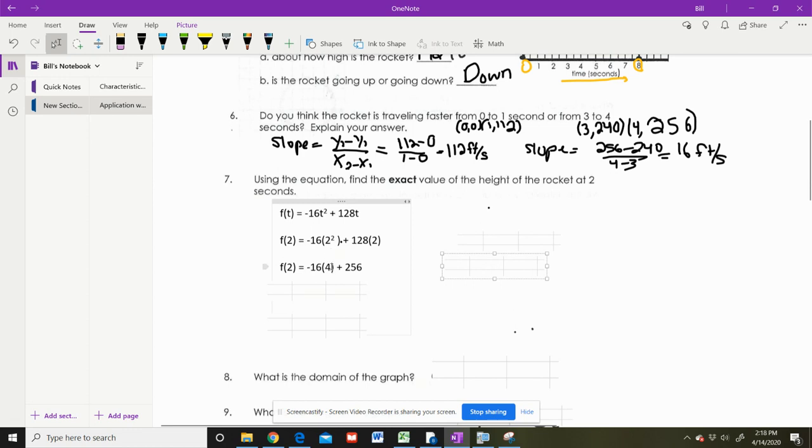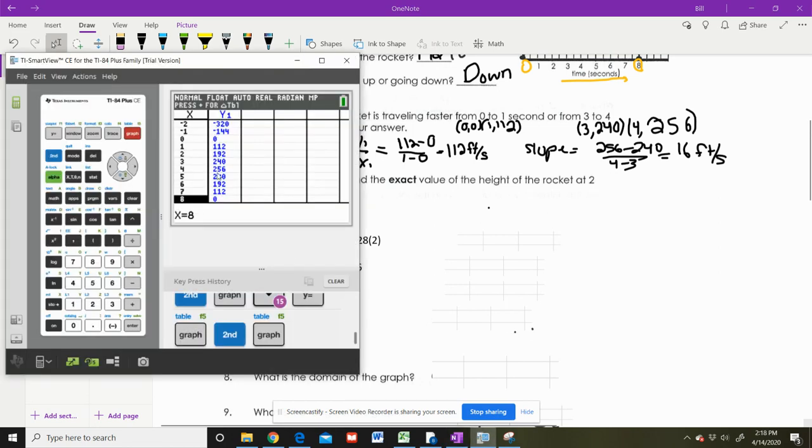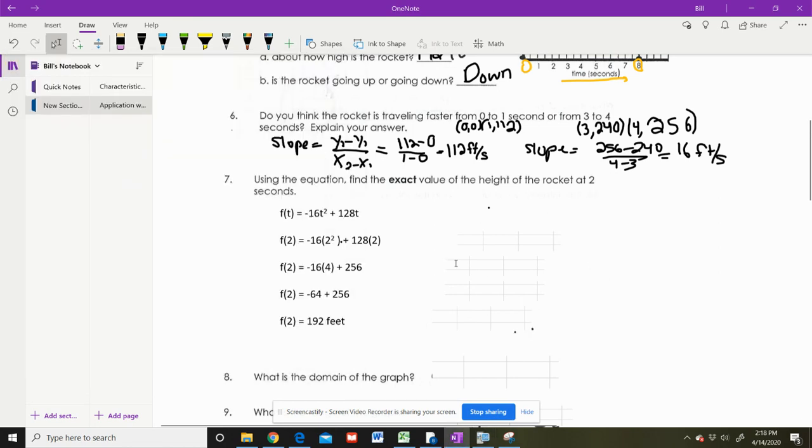So we're going to have negative 16 times 4 plus 128 times 2 is 256. And when we do that, negative 16 times 4 gives us negative 64. So negative 64 plus 256 gives us the final answer of 192 feet, which again was what we could get from the calculator, but they want to have you solve it algebraically.